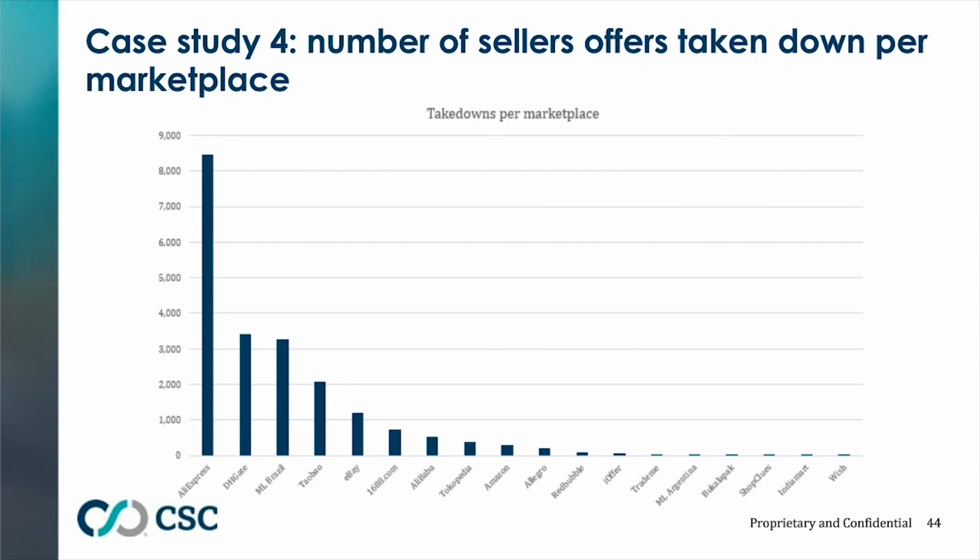It does vary from site to site, and it's not always 100% enforced, but I would recommend you familiarizing yourself with the seller suspension policies of the Alibaba group of companies, of eBay, Mercado Libre, just to make sure that any enforcement you do, you're going to get the maximum return on your enforcement efforts.